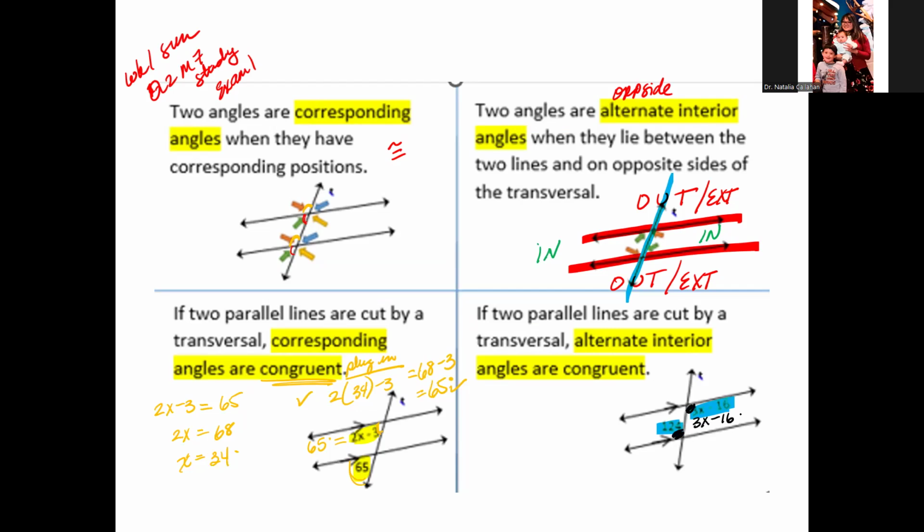Alternate interior angles, right? Alternate interior angles are equal to each other. So what are you gonna do with those two angles?